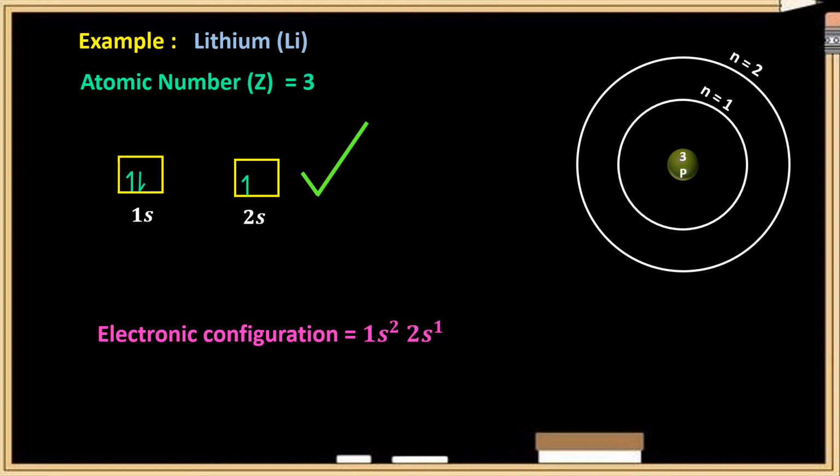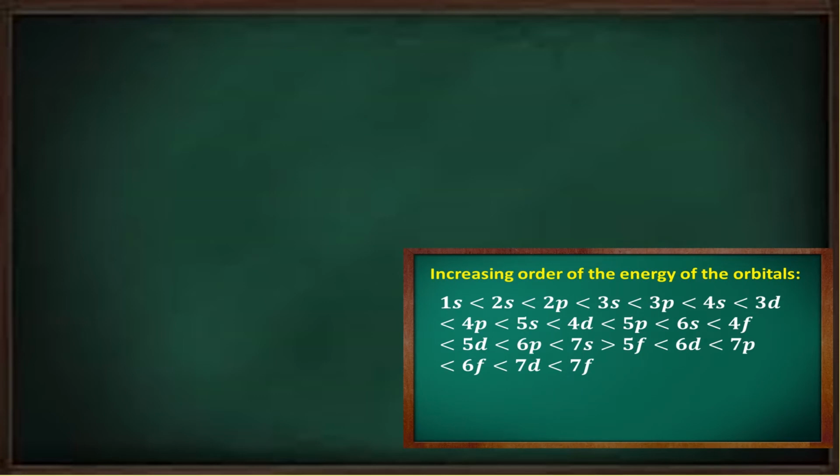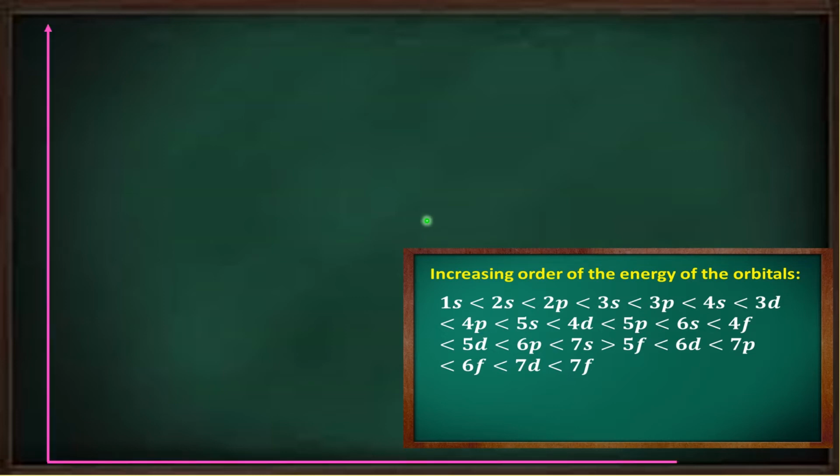Okay, before we start writing the electronic configuration of the first 20 elements, I am going to arrange some orbitals in their increasing order of energy. See here, I am going to arrange the orbitals in this way, increasing order of energy.